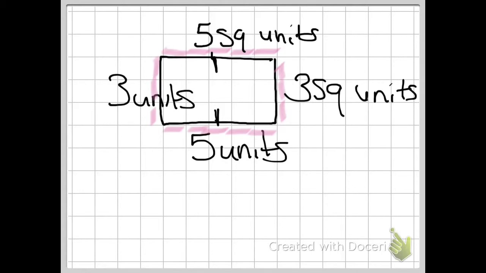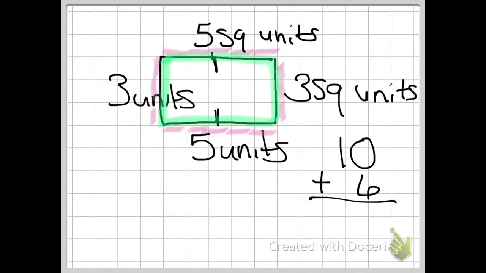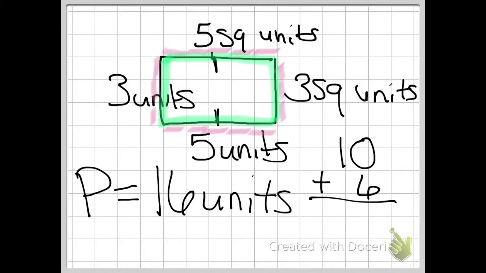Now what I need to do is add up each side so that I can figure out the distance around the shape. So let's count. We have 5 and 5, which is 10. 3 plus 3, which is 6. We added up. The total perimeter, so we would write perimeter equals 16 units. That's how many squares it takes to get around.